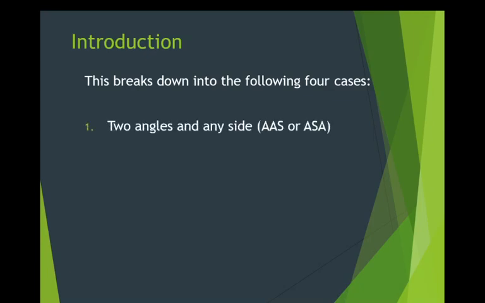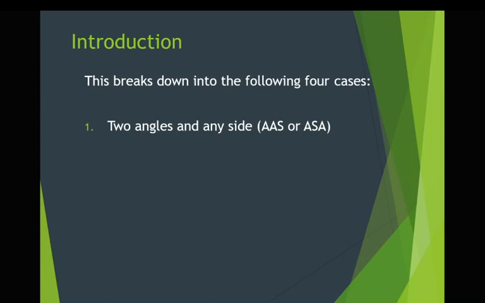Case 1, two angles and any side. Now, if you remember from geometry, we dealt with these names with congruency, so the order of these letters matters. For instance, angle, angle, side means I have two angles and then a non-included side.